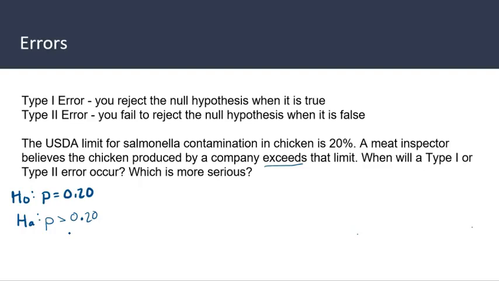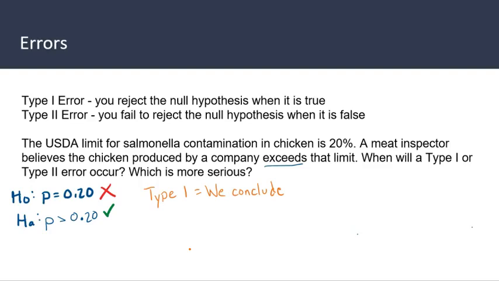Okay, so if I make a type 1 error, that means I have rejected the null hypothesis.